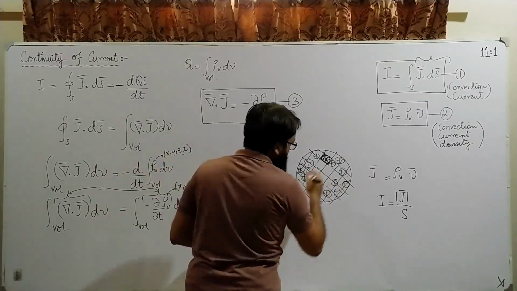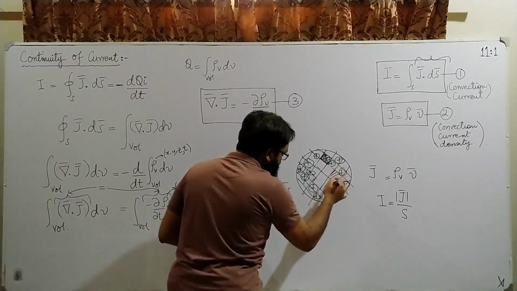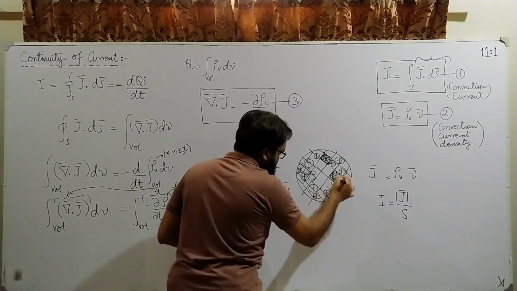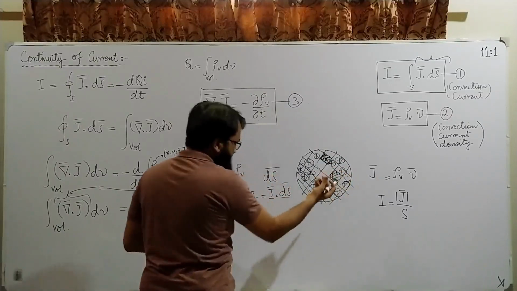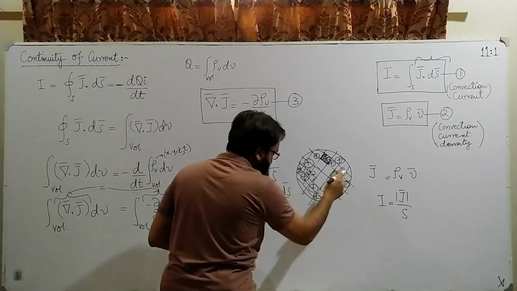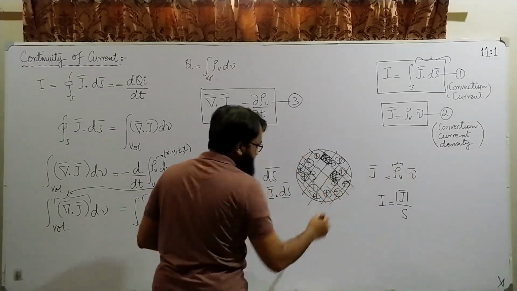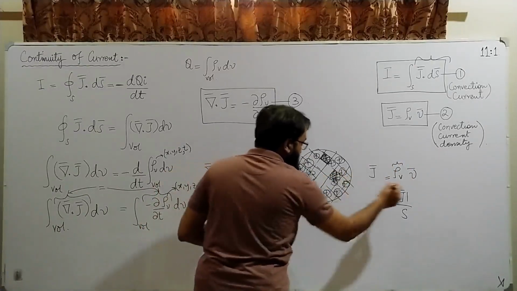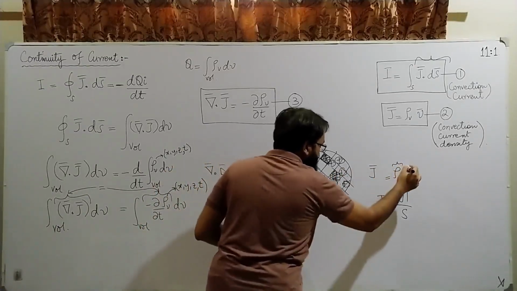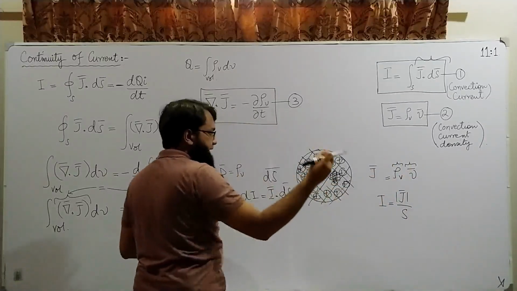In this case, we should consider charge density at each point. Each differential surface is so small that it can be treated as a point. So we will have to consider each point and consider charge density at that point, and also multiply by the velocity with which that charge density is moving.